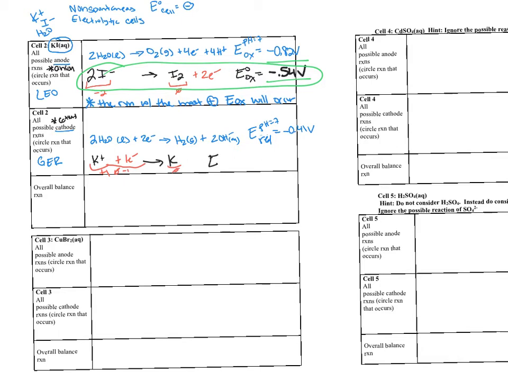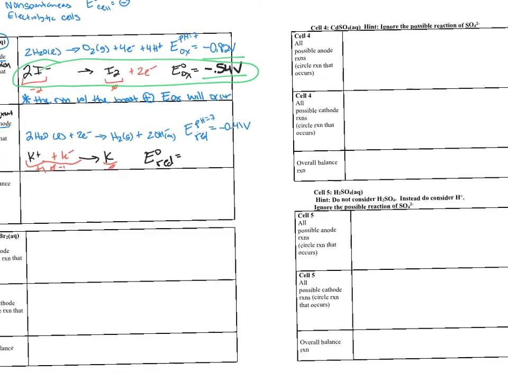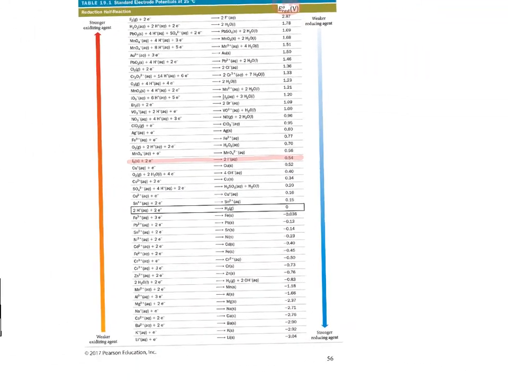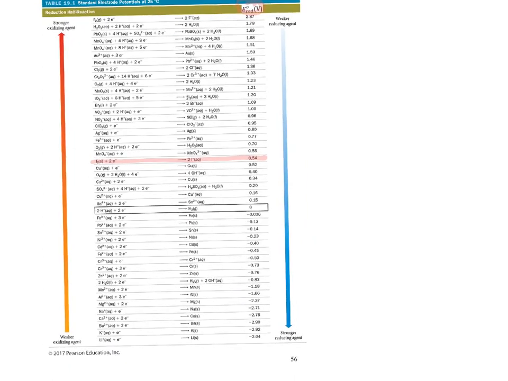And now I need to find my E naught reduction, because this is a reduction reaction. Go back to the table. And it's a reduction table, so the direction will be the same. And let's look for the potassium, and that's down here. Potassium gains 1 electron to form a solid, negative 2.92 for the E reduction value.